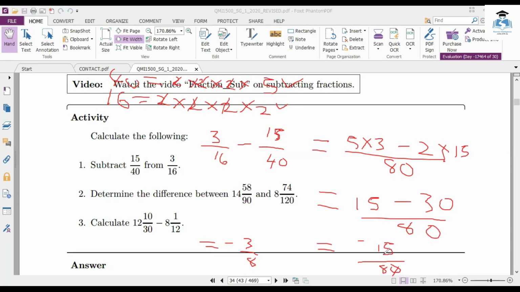So we've got minus 15 over 80. Which one can go? Maybe we use 5. 5 into 15, that's minus 3. Then 5 into 80, that's 16.